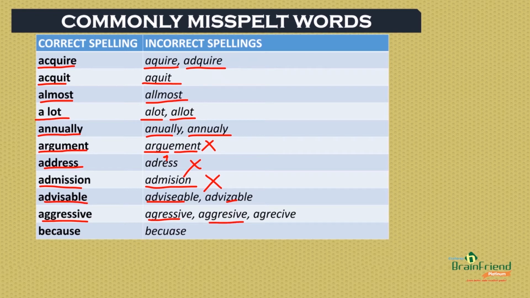Or AGRECIVE. Next, we have because, spelled BECAUSE. It is wrongly spelled as BECUASE. They swap the A and the U, which is wrong.